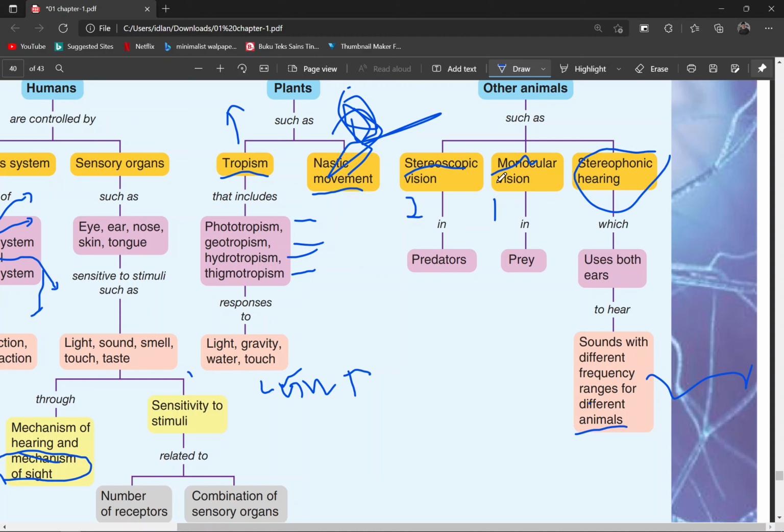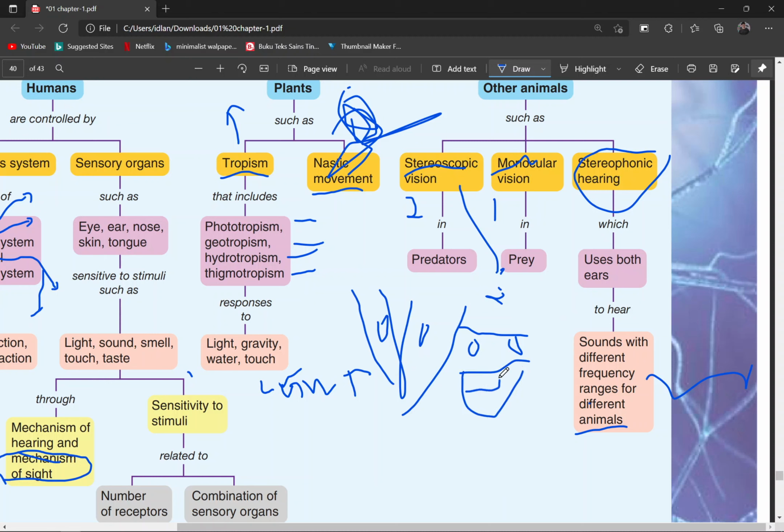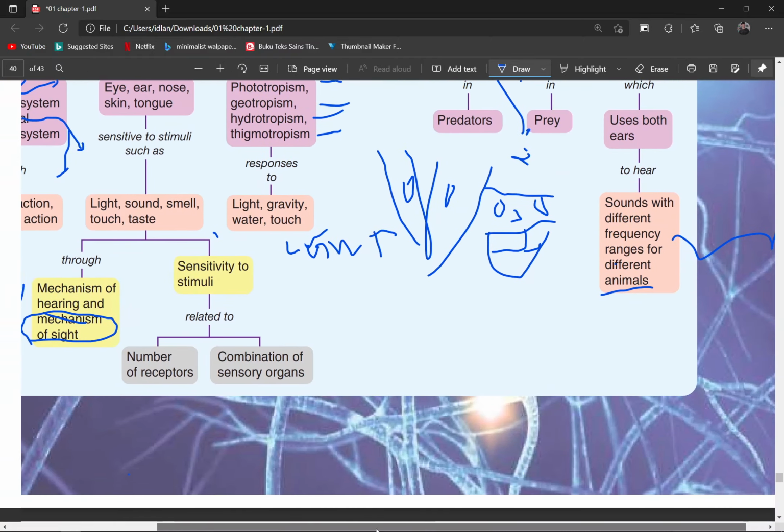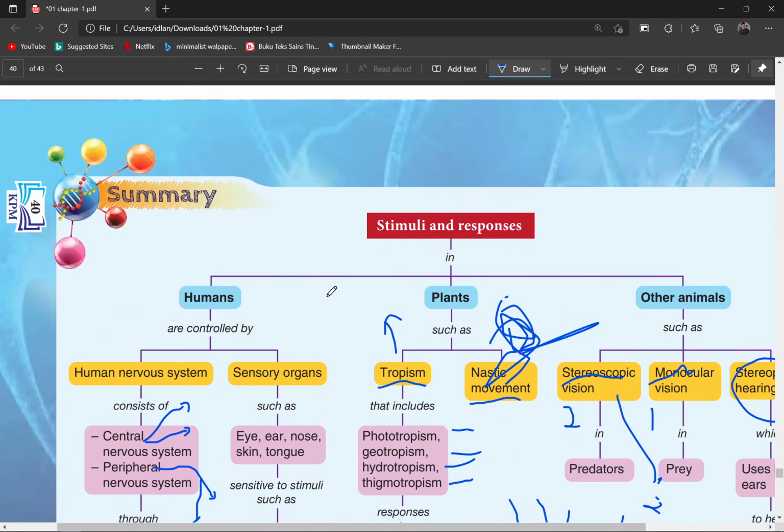Human pakai stereoscopic, stereo ni 2. Bukan 2 biji mata, tapi dua pandangan pada kedudukan yang sama. Contoh mata manusia kat depan, kalau lepre, mata kat sebelah hidung dia. Macam tu lah rupa dia. Okay, boleh faham. So, habislah kita punya tajuk stimuli and responses.